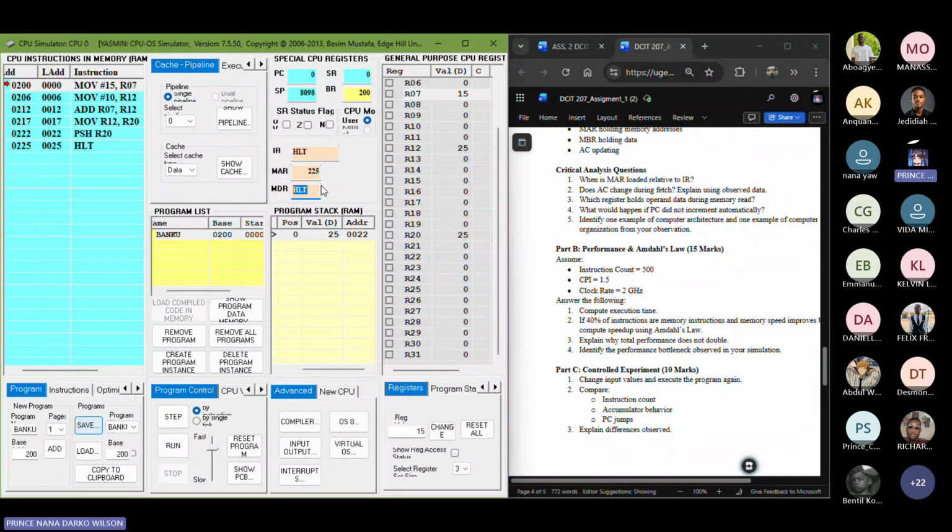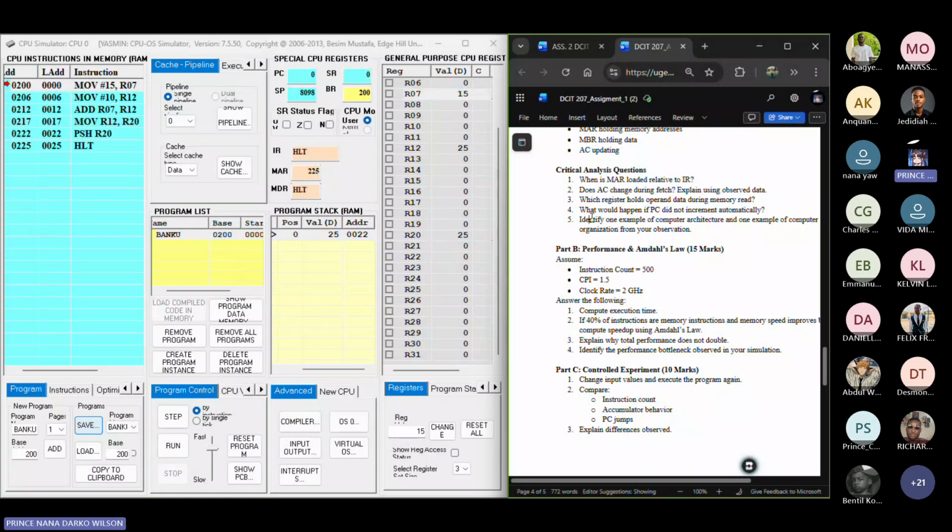Sorry, did I just say memory data register? Memory address register, okay? So the opcode is held in the instruction register, whereas the operand is held in the memory address register. Let's keep going. So go and use these to answer questions.